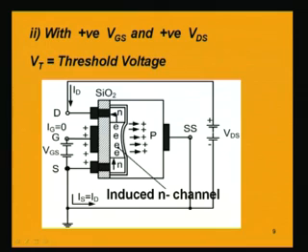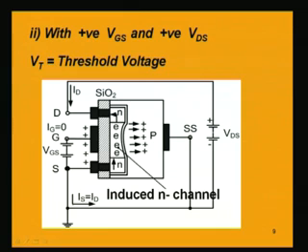So, between gate and source we have a positive potential, and similarly from drain to source we have VDS that is also positive, and typically the substrate terminal is connected to the source terminal. Now, what happens?